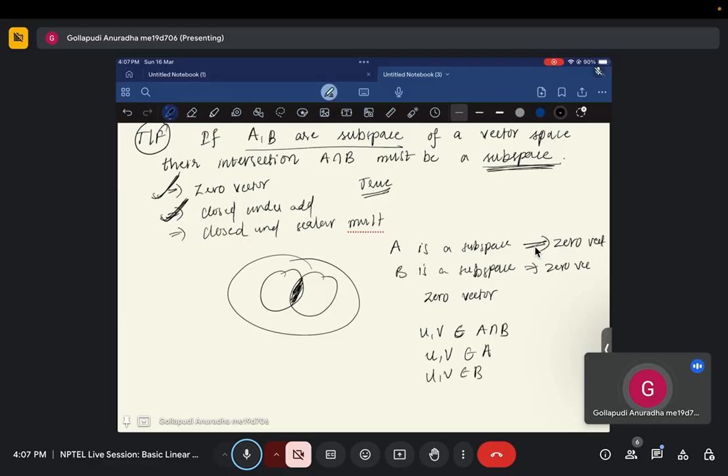And I said that A and B are subspaces. So u plus v will belong to A, and u plus v will belong to B also. So u plus v is common, so it's going to be in the intersection. So the addition is closed.